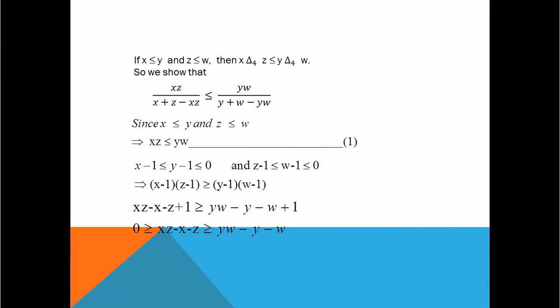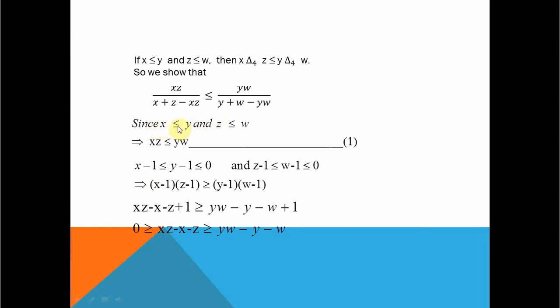For this purpose, our given statement is x is less than or equal to y and z is less than or equal to w. If we multiply these two inequalities, we get xz is less than or equal to yw.